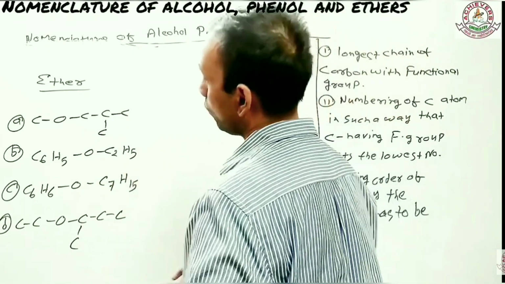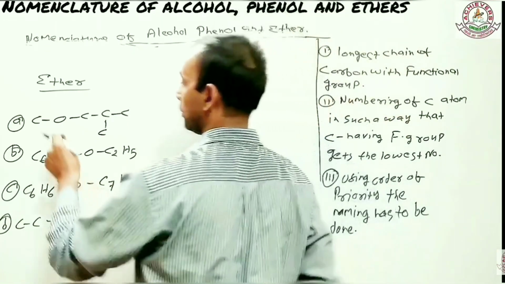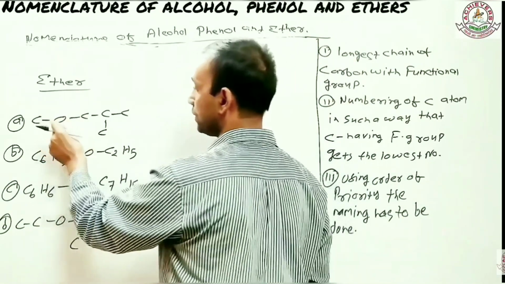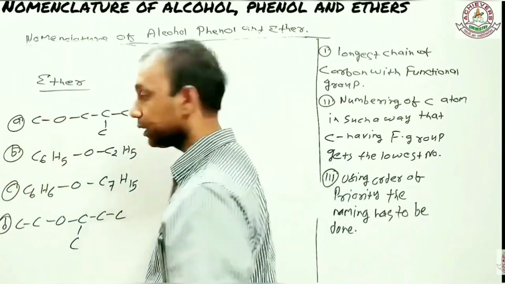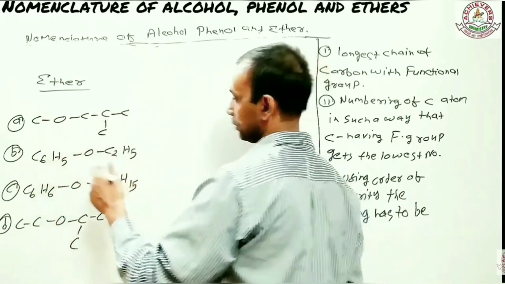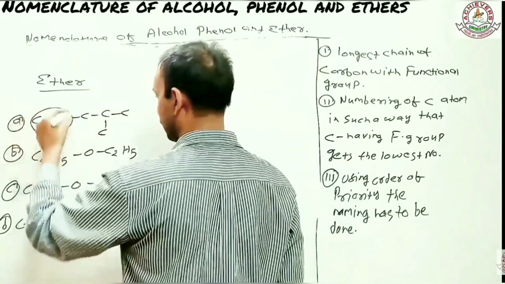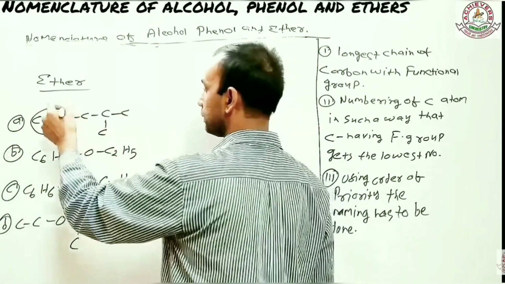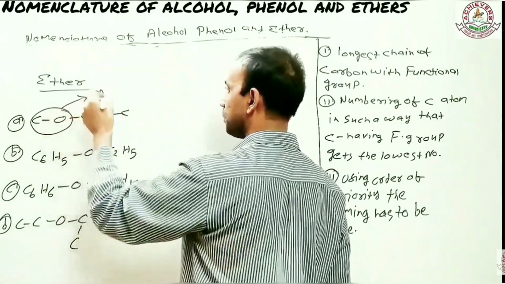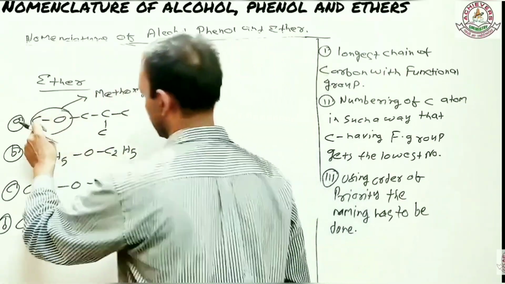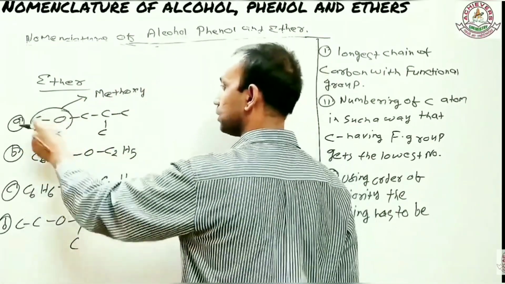In this case, one thing is for sure, you have to understand that on one side of oxygen you have the least number of carbons, and on the other side you have more carbons. The side where carbon is least will become alkoxy. So this becomes methoxy. Why methoxy? Because it has only one carbon with oxygen. So methyl with oxygen becomes methoxy.